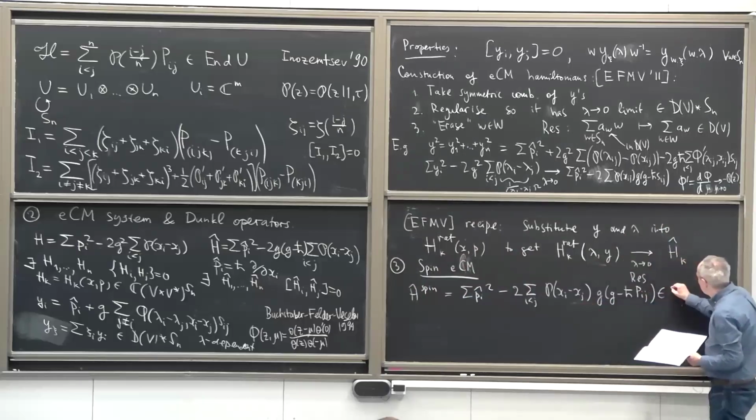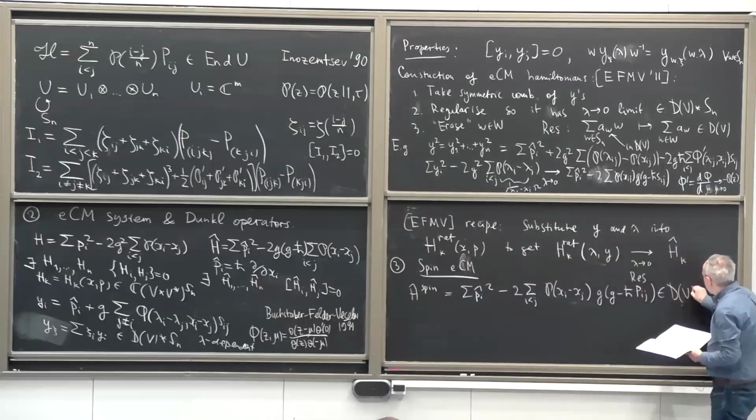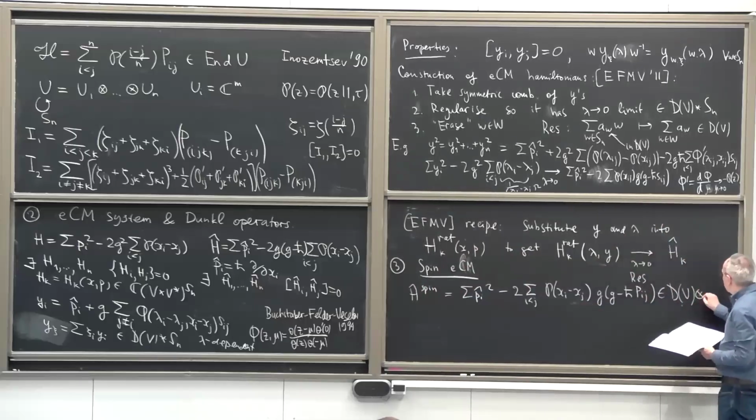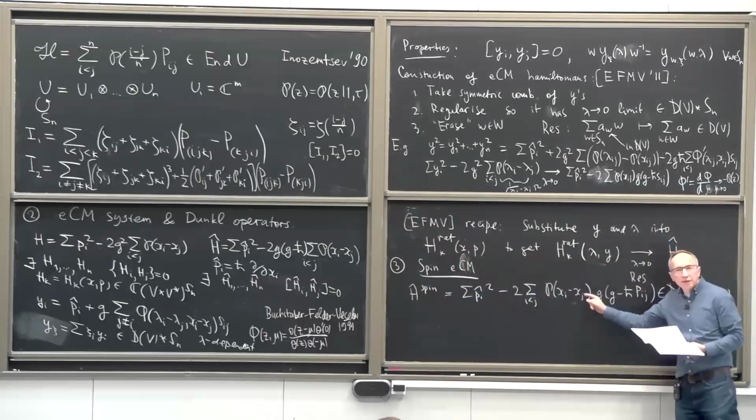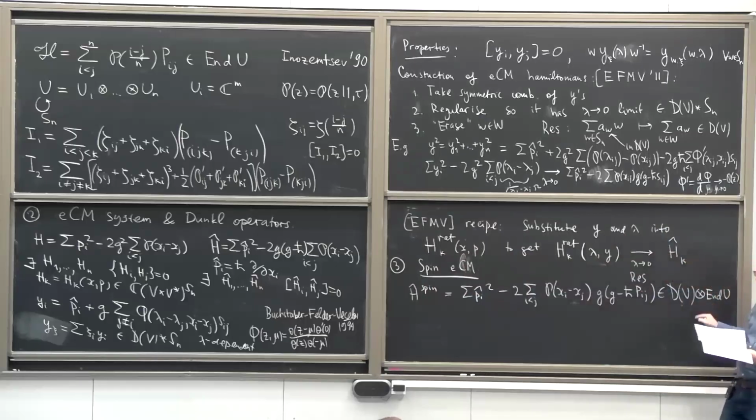So these are differential operators, tensor product with an endomorphism of our space U. Again, Pij acts by permuting tensor factors, but now they don't interact with the axes, right? So this is now just the tensor product.